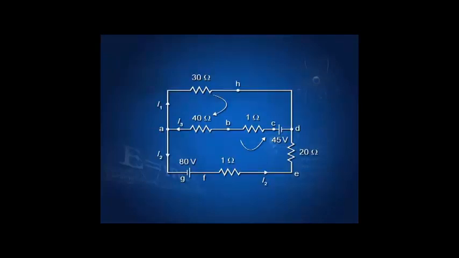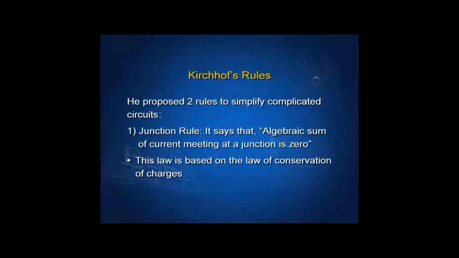Here is a diagram which shows that the current coming towards the junction O is I1 and I2 and current leaving from the junction is I3. So, I1 plus I2 minus I3 equals 0. This law is based on the law of conservation of charges, and mathematically we can say summation of I equals 0.